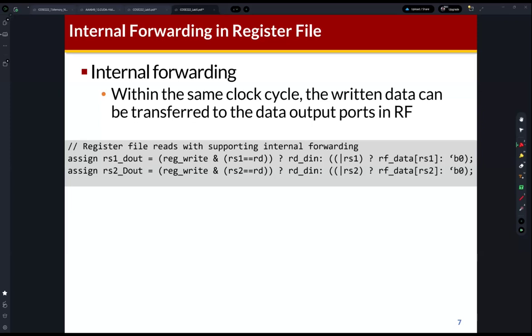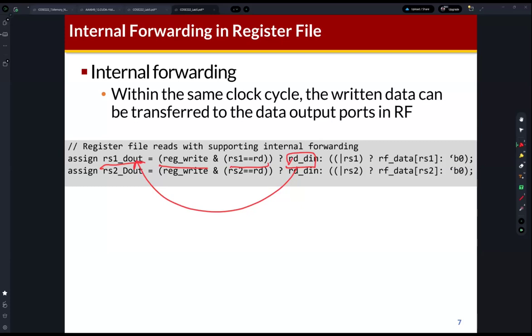It's the RS1 output. So this is the output port of the register file. You can find that if RS1 is equal to RD, and the register receives the write signal, then the input is forwarded to the output, right?